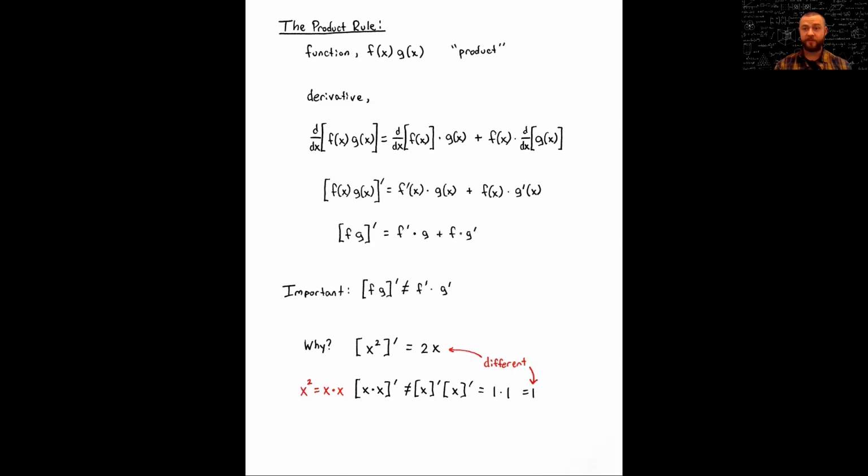Now we know the derivative of x squared has to be 2x, but this incorrect version for the product rule gives the derivative of x squared as 1, which we know is not true. Hopefully this gives you some idea of why that is definitely not the correct version for the product rule, why that statement is false, written as not equals there.